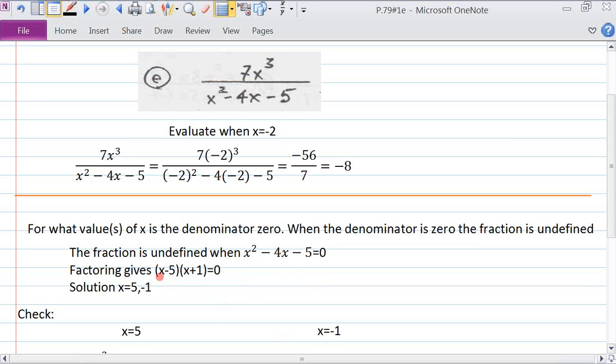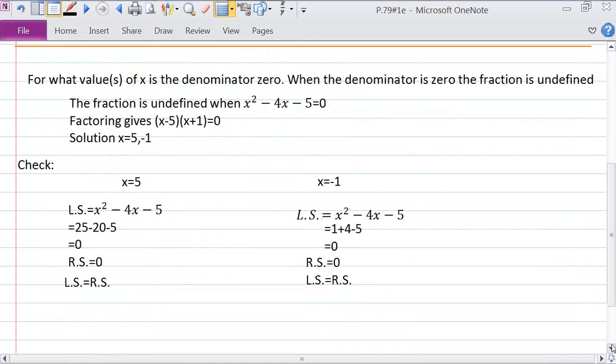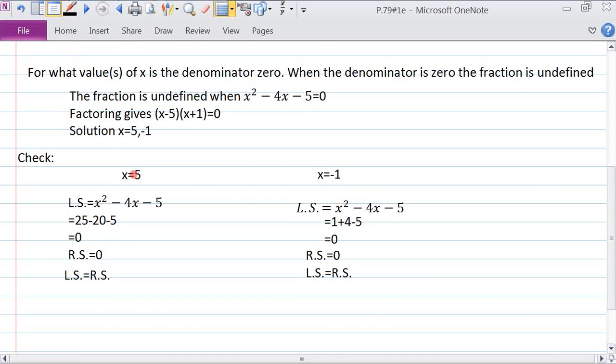So now I said x minus 5 equal to 0, and x equals 5. And I said x plus 1 equal to 0, and then in that case x is -1. And I check both the values, the x equal to 5 and the x equal to -1 here.